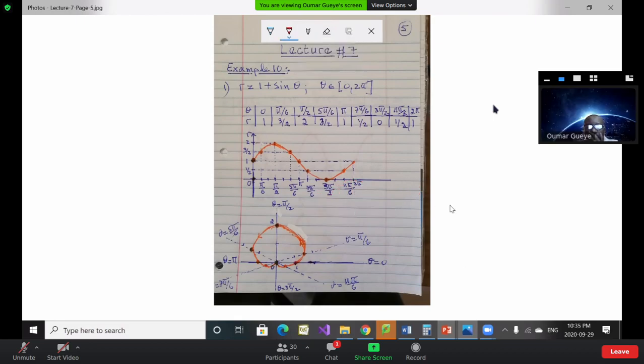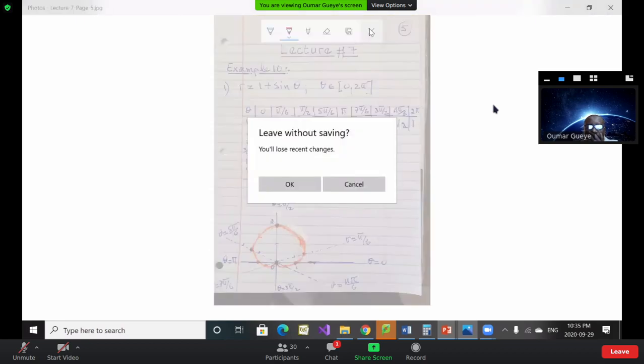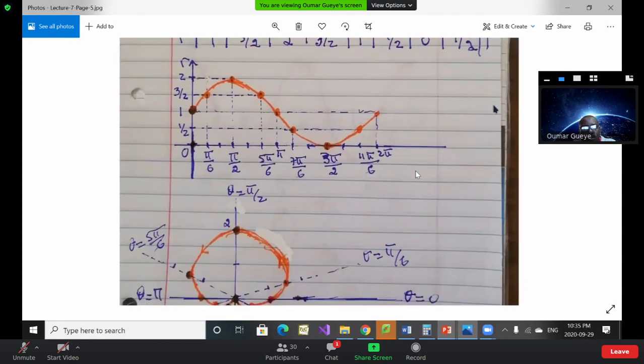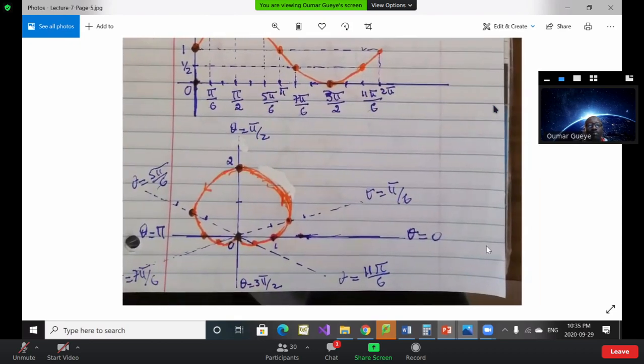I'm just going to remove this, and you can see exactly what it looks like. So you good?